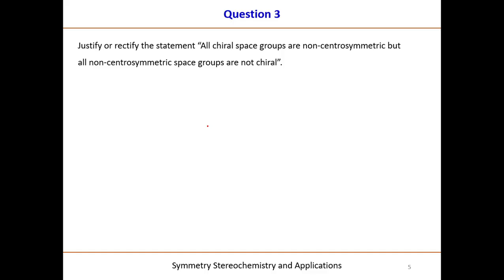So this is the third question. Here they have mentioned: justify or rectify the statement, all chiral space groups are non-centrosymmetric, but all non-centrosymmetric space groups are not chiral. First, you should know what space groups are. Space groups are derived from the point groups of the crystallographic symmetry.